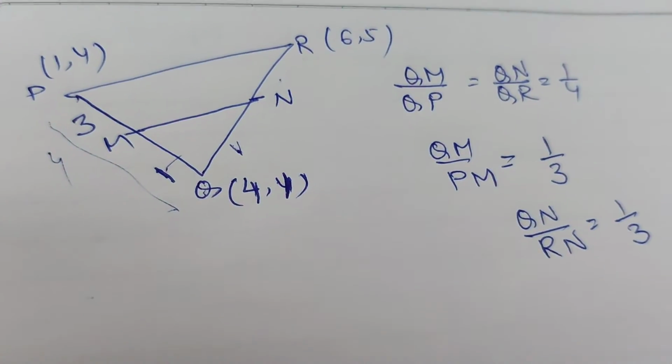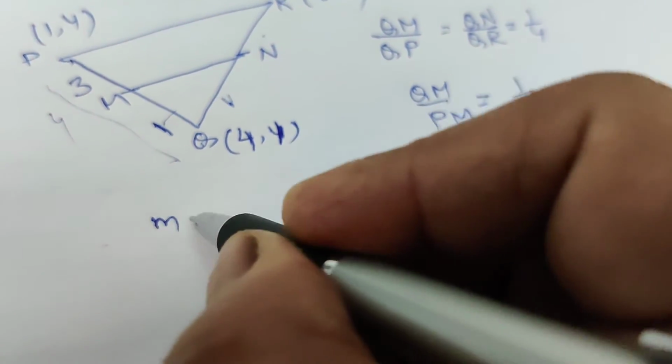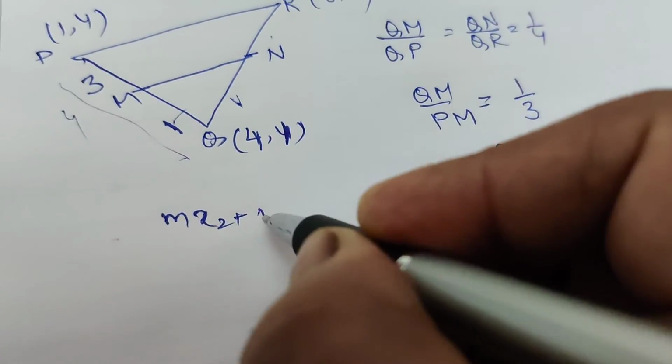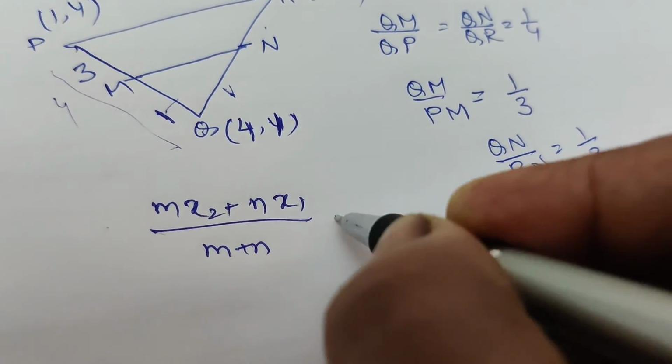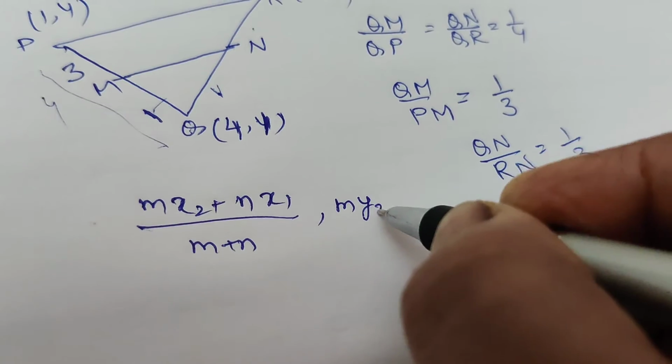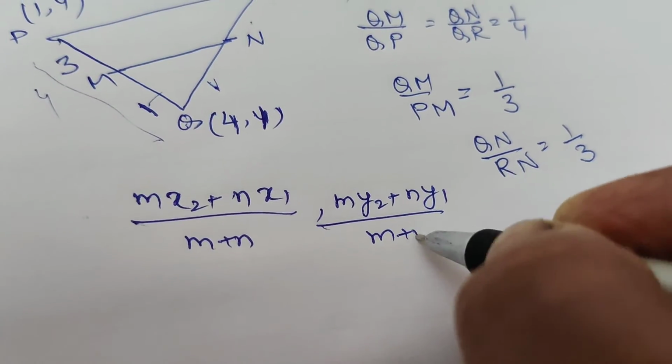Now find the coordinates of M using section formula: m x2 plus n x1 upon m plus n, and m y2 plus n y1 upon m plus n.